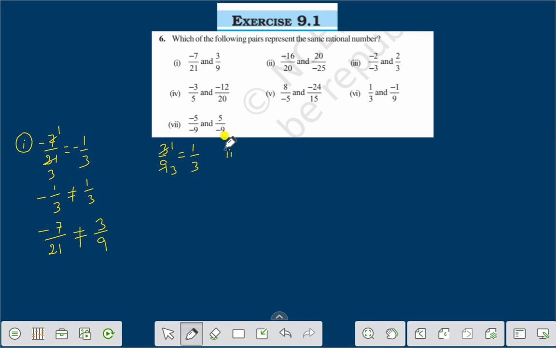Question number 2 is minus 16 by 20 and 20 by minus 25. We change into lowest terms, right?